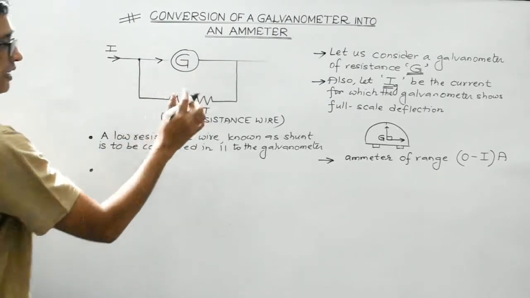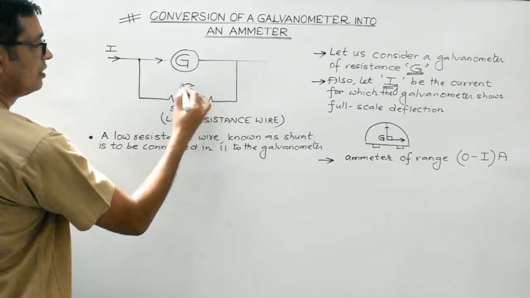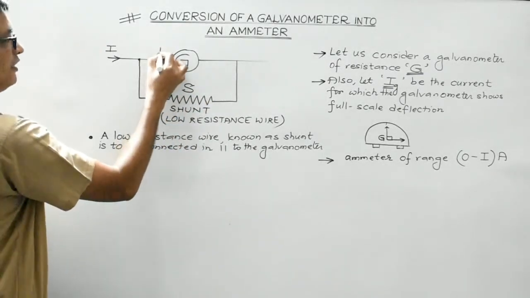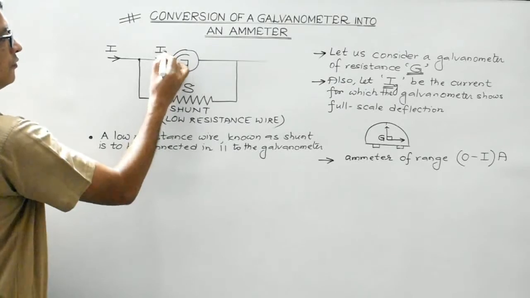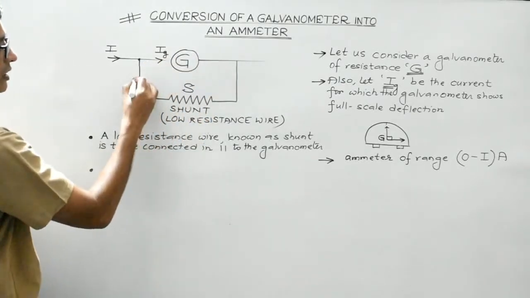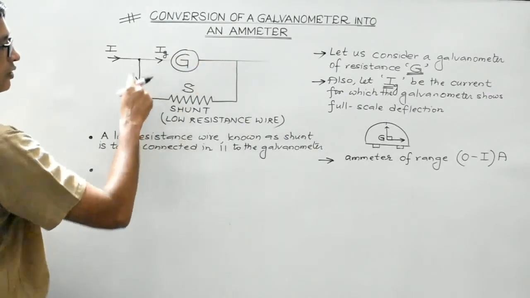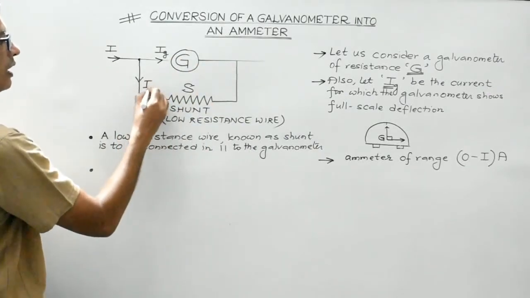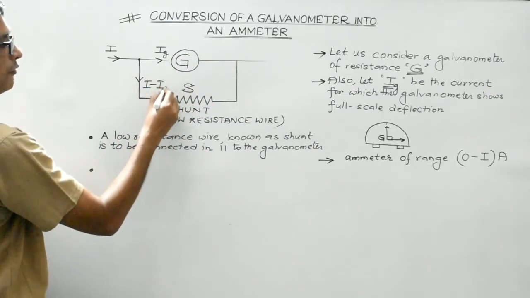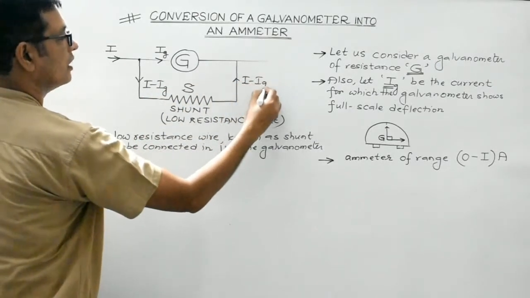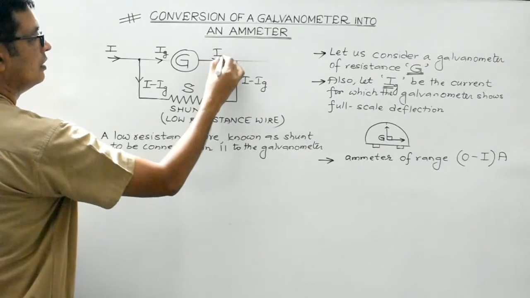So the value of S, which is shunt, is to be chosen in such a manner that current Ig flows through the galvanometer and the rest of the current flows through the shunt. So rest of the current would be I minus Ig. It flows through the shunt. I minus Ig, and over here Ig.